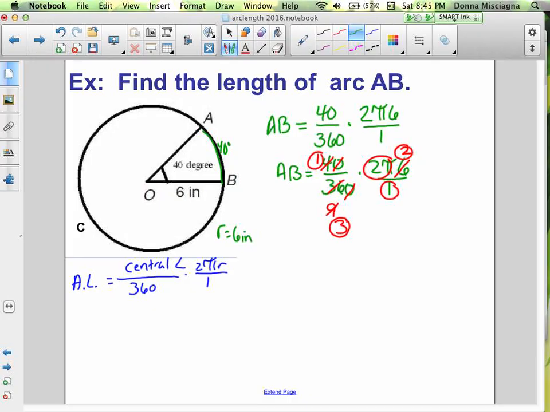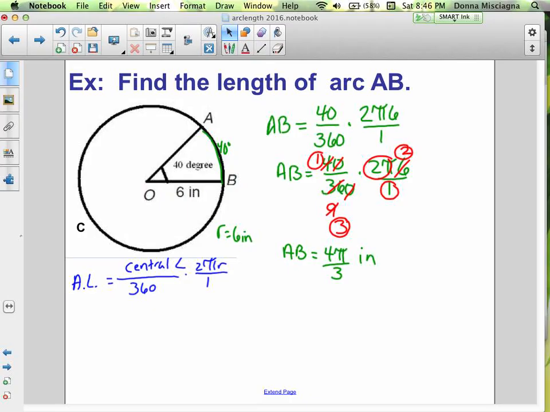So the length of AB is 1 times 2 times 2, that's 4. That's 4 pi. And in the denominator, 3 times 1 is just 3. So 4 pi thirds inches is the length of arc AB, and there we've got it.